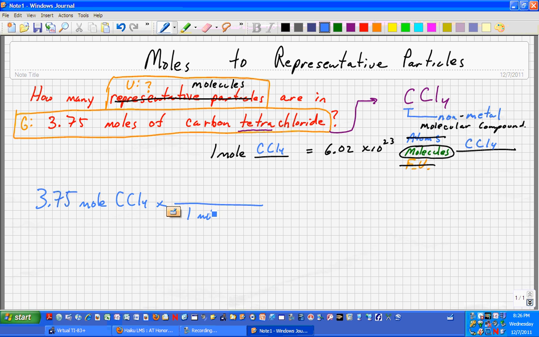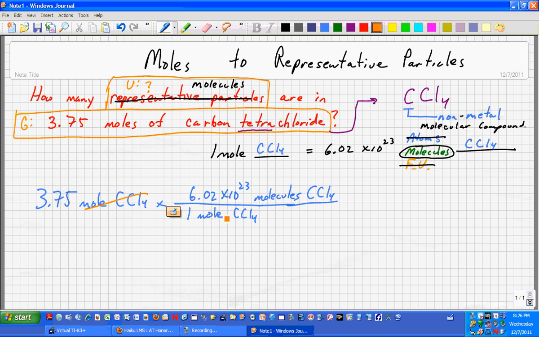So 1 mole of carbon tetrachloride on the bottom, and 6.02 times 10 to the 23rd molecules of carbon tetrachloride on the top.